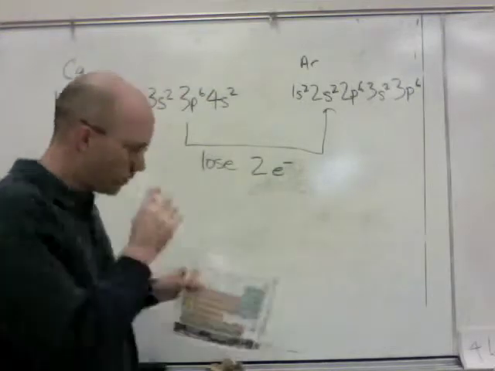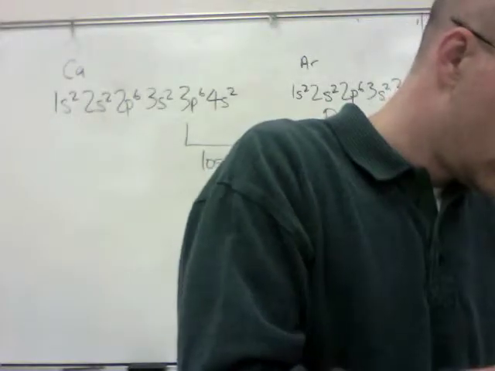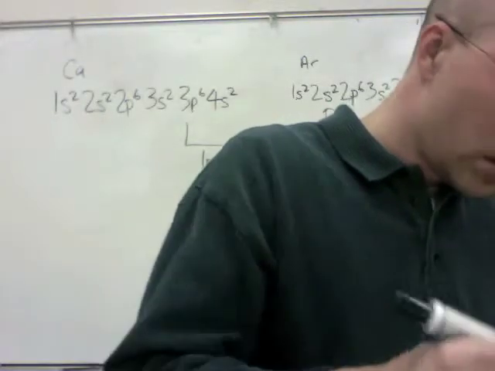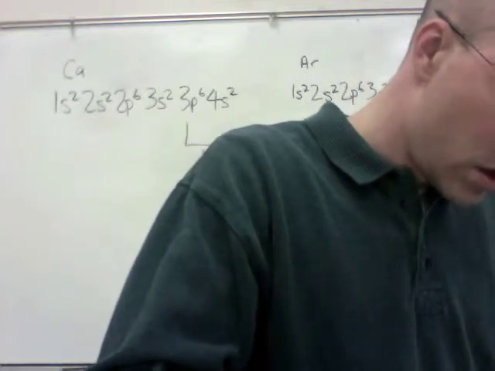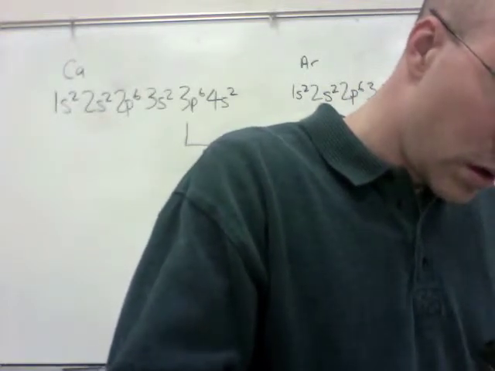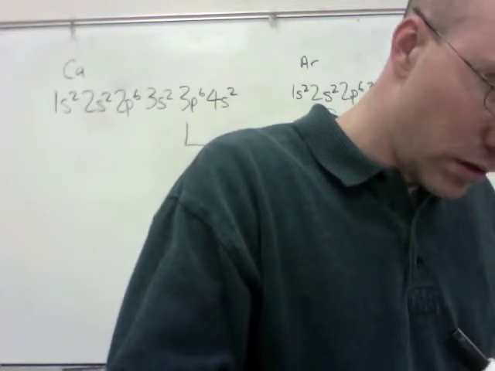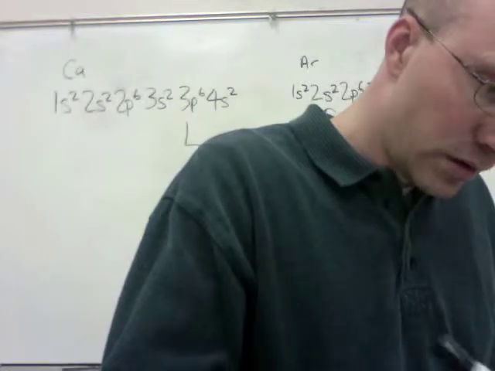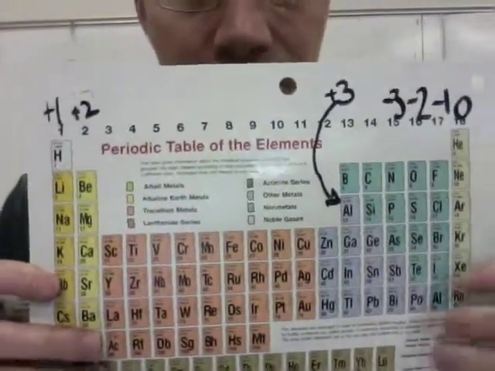All right. So the thing with the octet rule is there's a shortcut. If you go through this exercise for everything that's in this first row right here, I'm going to write down these charges. Okay, you're going to find that you're going to have this pattern here.